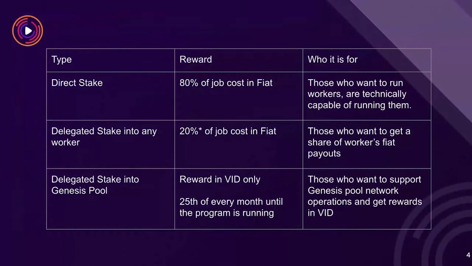So when you delegate stake into a worker that is not the Genesis pool, you're basically agreeing to the terms and conditions of the worker who's the pool operator running the pool. We'll just cover that in the next slide.